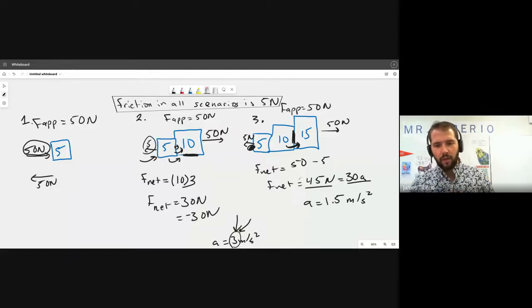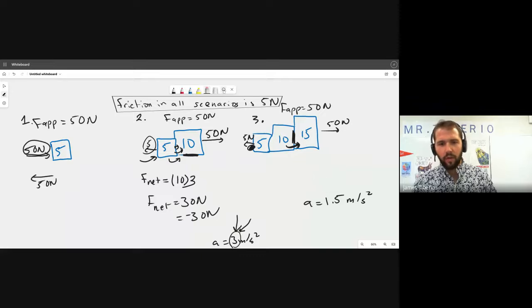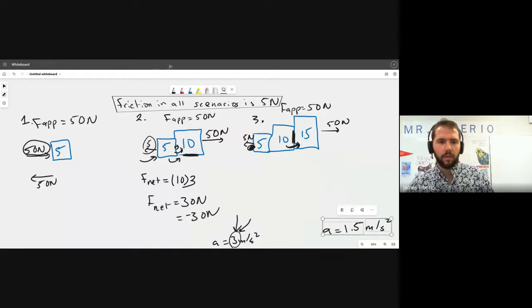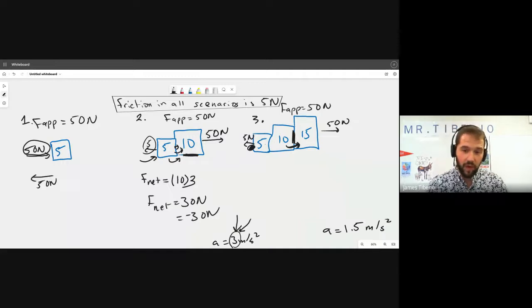So no matter which box we're going to look at, we're going to find that each box accelerates at the same rate. Therefore, the forces will vary. So the force that the 5 kilogram box pushes on the 10, well, we say, okay, how hard does it have to push? It's moving 25 kilograms of stuff. Well, remember, I was moving 30 kilograms of stuff, so I had to push harder.